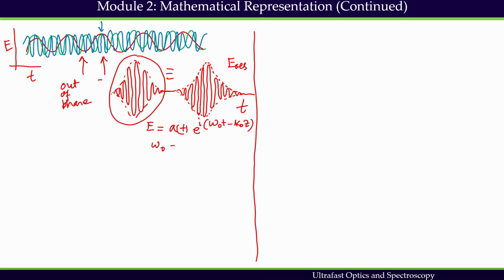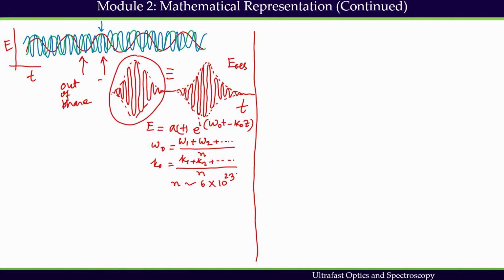Here omega naught is the resultant or the average frequency component. I have so many frequency components. Let us say I have Avogadro number of frequency components, so I take the average of it. On the other hand, k naught represents the average wave vector magnitude, of the wave vectors k1 plus k2 plus so on, divided by n, and n could be Avogadro number, approximately 6 into 10 to the power 23.